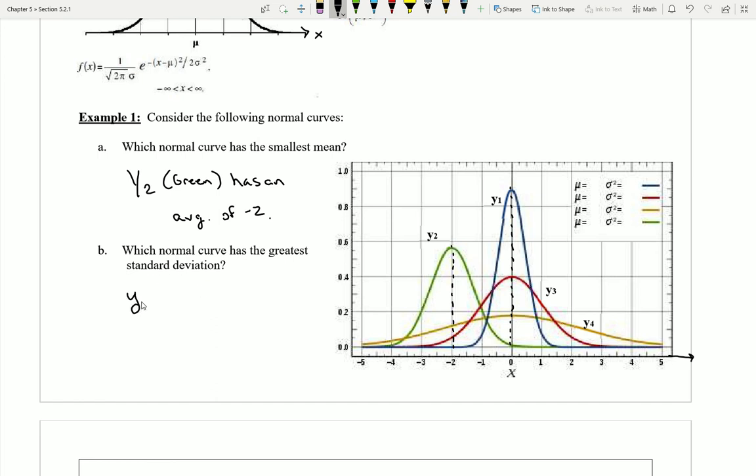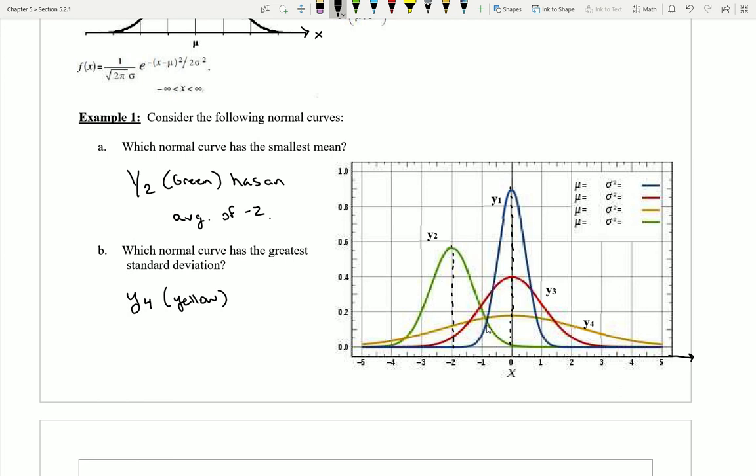Now, which of these normal curves has the greatest standard deviation? Well, that would be Y4, our yellow-orange one. Remember, the wider the picture is left to right, the larger the standard deviation is. Of course, I can't tell exactly what the standard deviation is by looking at the picture, but I can definitely confirm it has the largest.